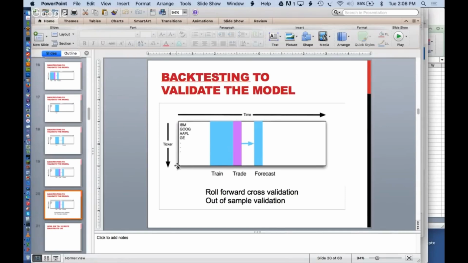So always with stock data, you can't do this multifold cross-validation. You can only do roll forward cross-validation. Okay, so that's basically an overview of what you should do for this next project, and in general, how we train and test machine learning strategies.